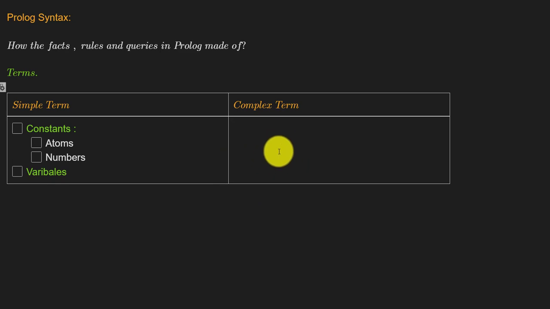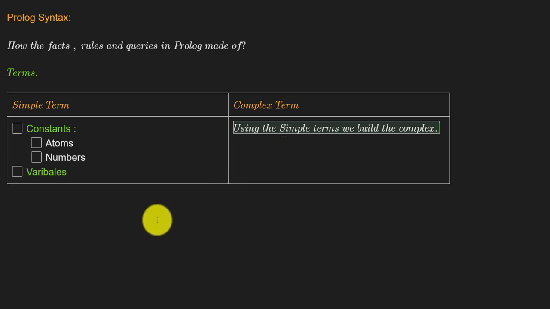So using the simple terms, we build the complex term. We'll see an example of how we build this one, and you already saw how we define a rule or fact in a Prolog knowledge base.